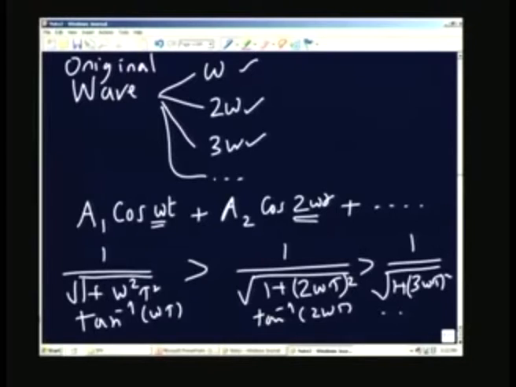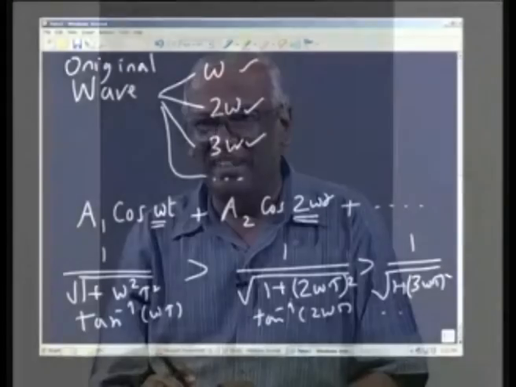The output will now be a complex wave which is going to consist of several components, each component attenuated to a different extent and each component having a different amount of phase lag with respect to the original wave which we have given. So, the idea with which we have done this exercise is to just look at what happens to one component, and then if we understand that, we will be able to understand what happens to the other components.